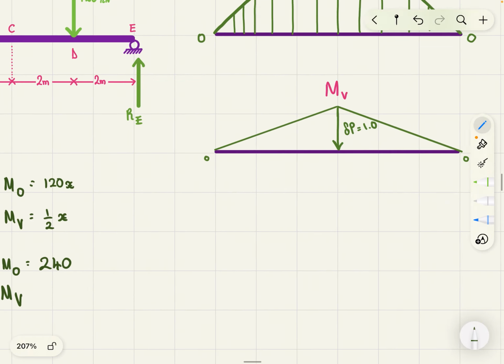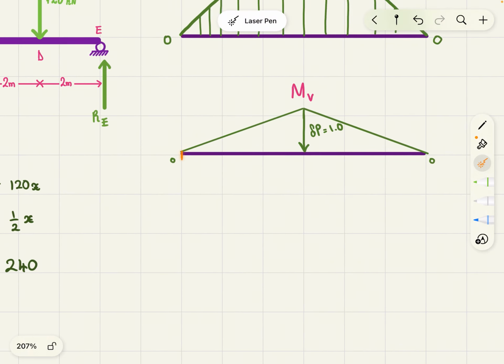And now the virtual force between our interval 2 to 4, the length we said is x. We know the virtual force at this point, but we can't just do virtual force of 1 times the length of x, because this is not the shape of our triangle. The virtual force does not start acting at point 2, the beginning of our interval.